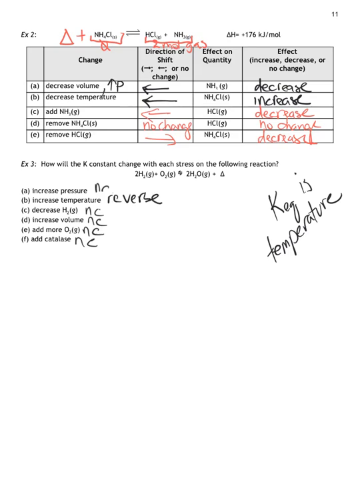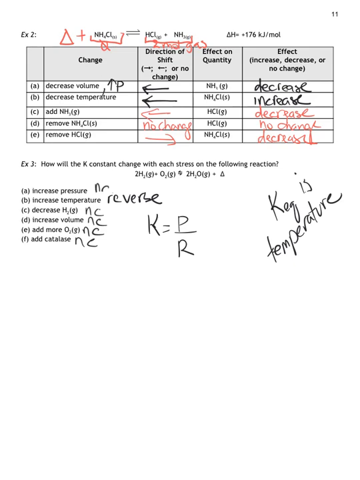And that means the reaction is going to go in the reverse direction to absorb that heat. Upon reversing, you're forming more reactants and lessening the products. And what K is based off of is the concentration of products over reactants.